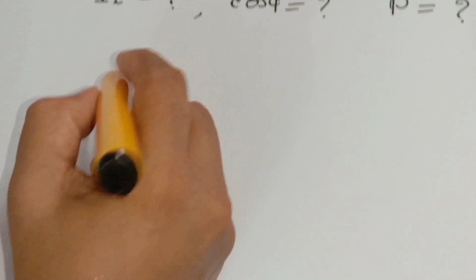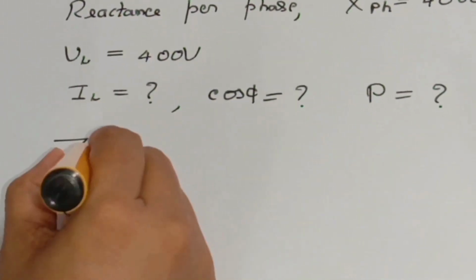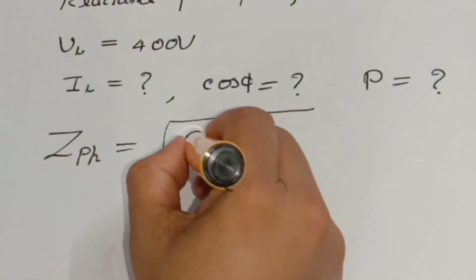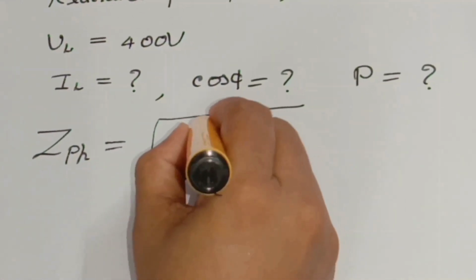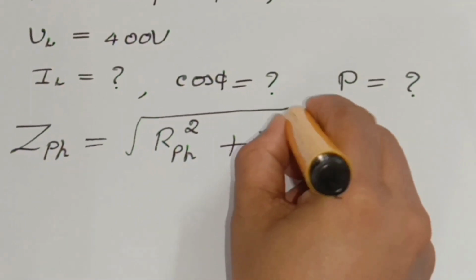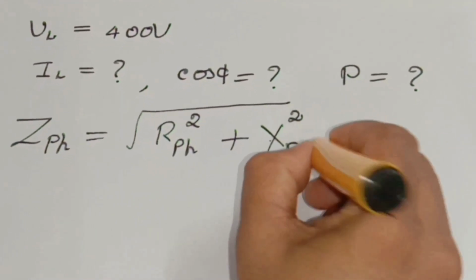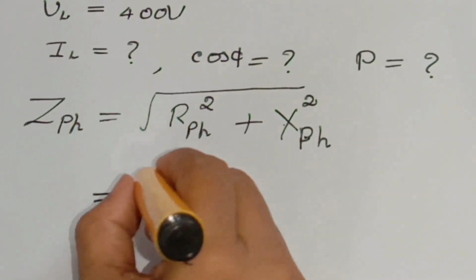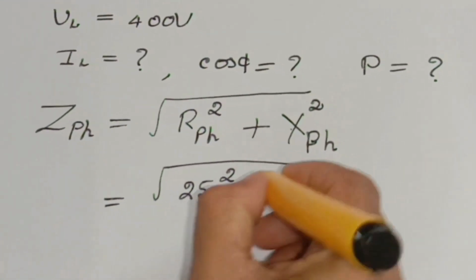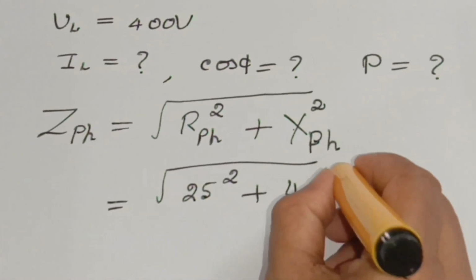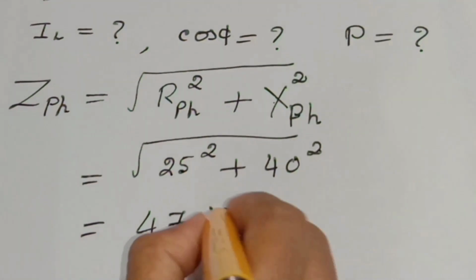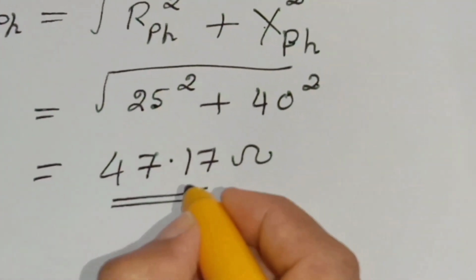Now, first we will find out the impedance of the circuit, that is ZPH, which is equal to square root of RPH square plus the reactance XPH square. We will substitute the values of R, that is 25 square plus 40 square, we will get 47.17 ohm.